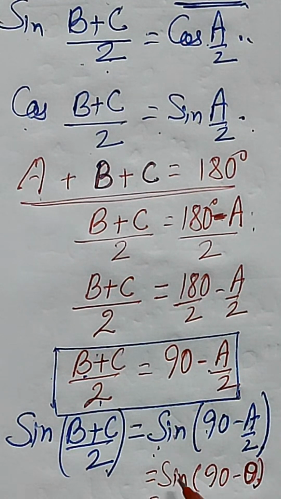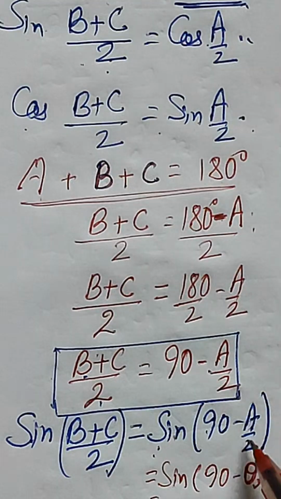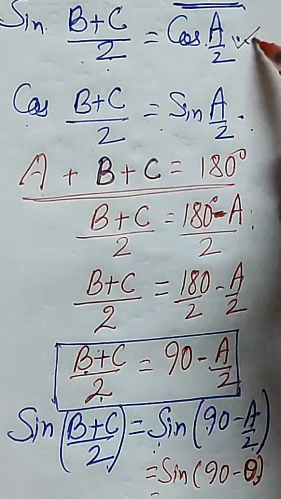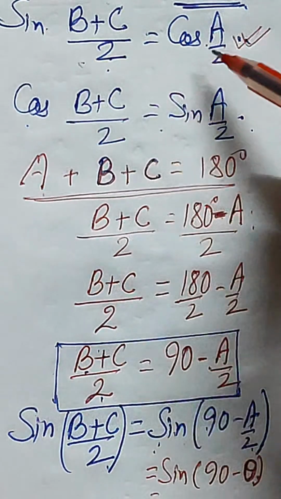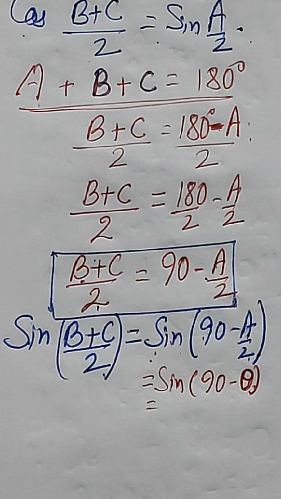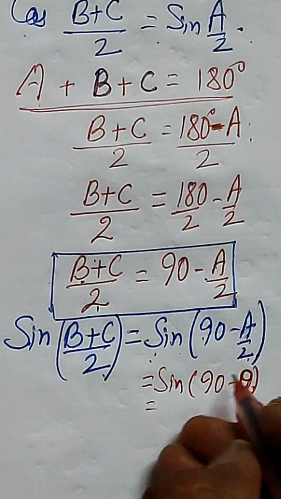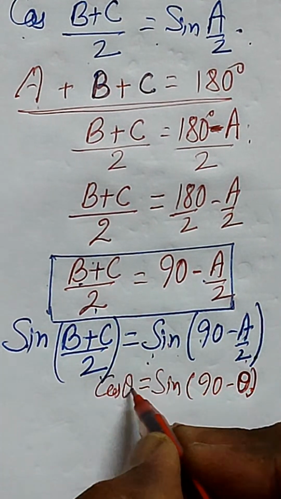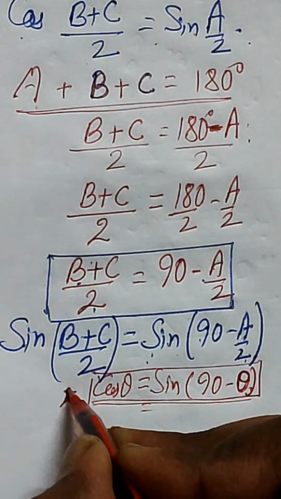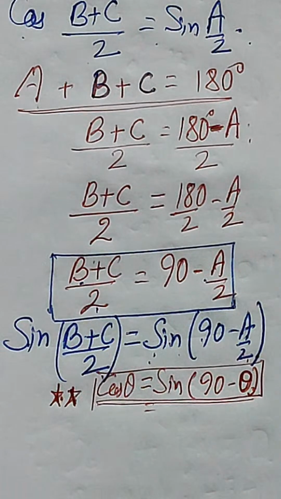So sine of (90 minus A by 2) will be equal to cos A by 2. And in this way this is proved, right? So just to recall, sine of (90 minus theta) is equal to cos theta. We have put it. Okay, this is just to recall, right?